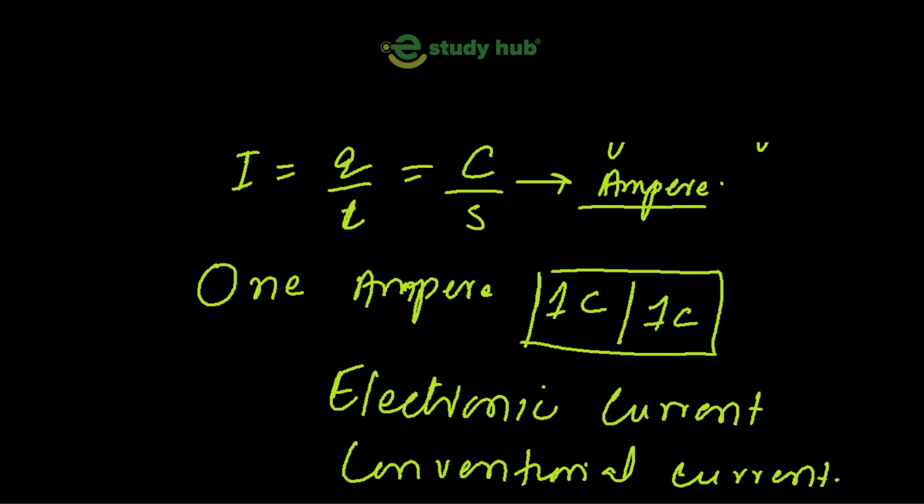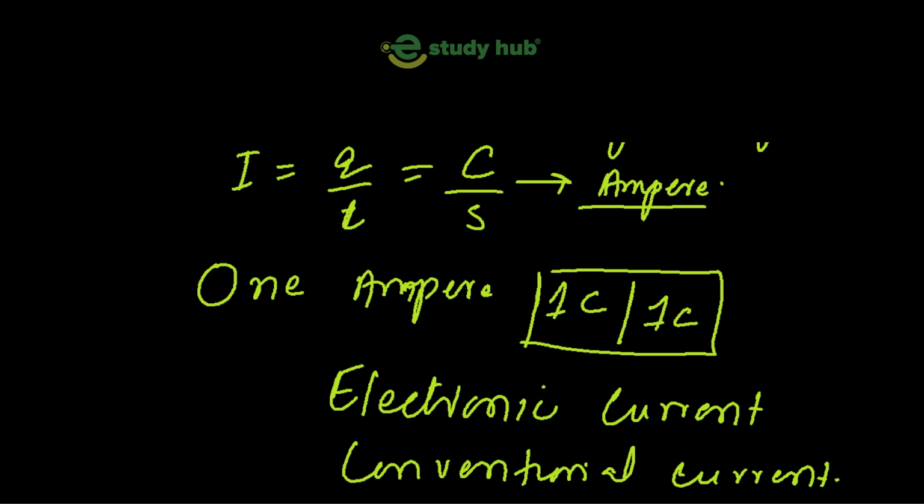Before the discovery of the electron, scientists thought that current is due to positive charge. So this kind of current has been named conventional current, as scientists conventionally thought it was due to positive charge. Therefore, conventional current means the current due to positive charges.